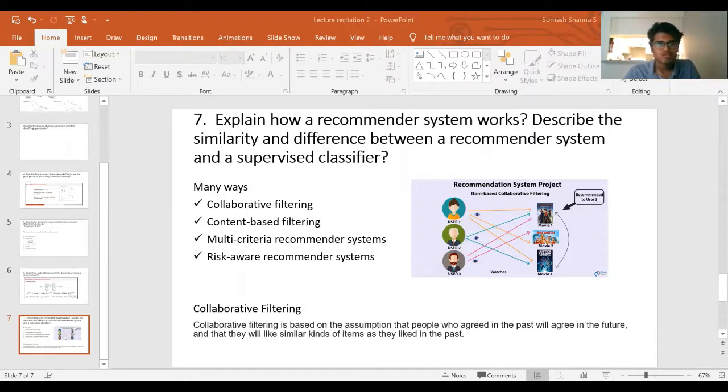Collaborative filtering is based on the assumption that people who agreed in the past will agree in the future, and that they will like similar kinds of items as they liked in the past. The system generates recommendations using only information about rating profiles for different users or items, by locating peer users or items with a rating history similar to the current user or item.